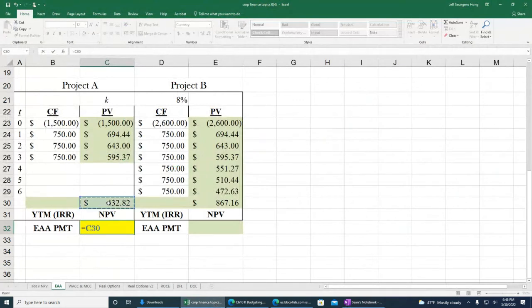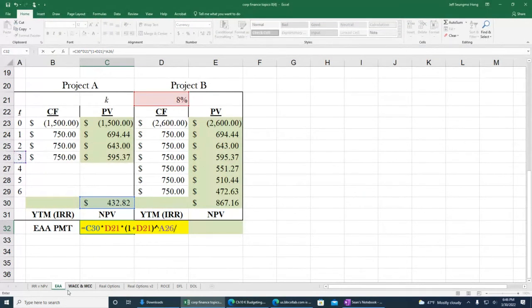Equals, this is the present value of annuity, times open parenthesis, in the numerator, we don't need to necessarily do that, but r times 1 plus r raised to n. N is 3 in this case, right?